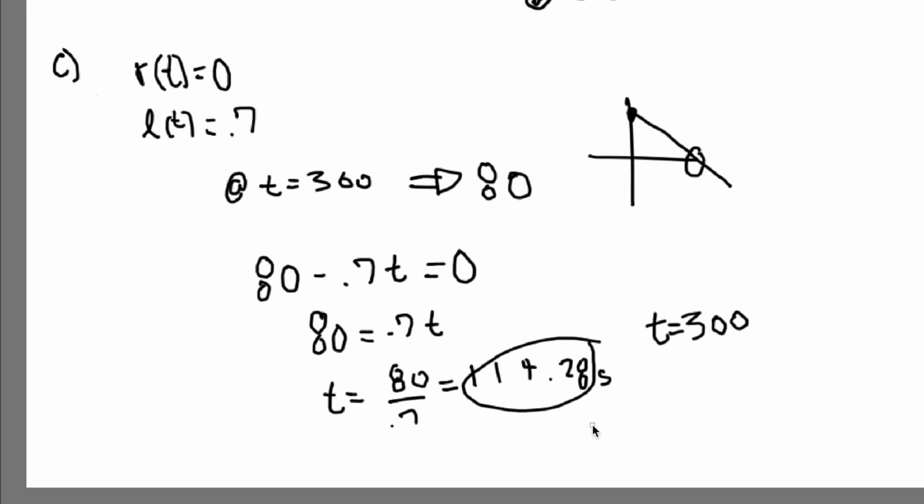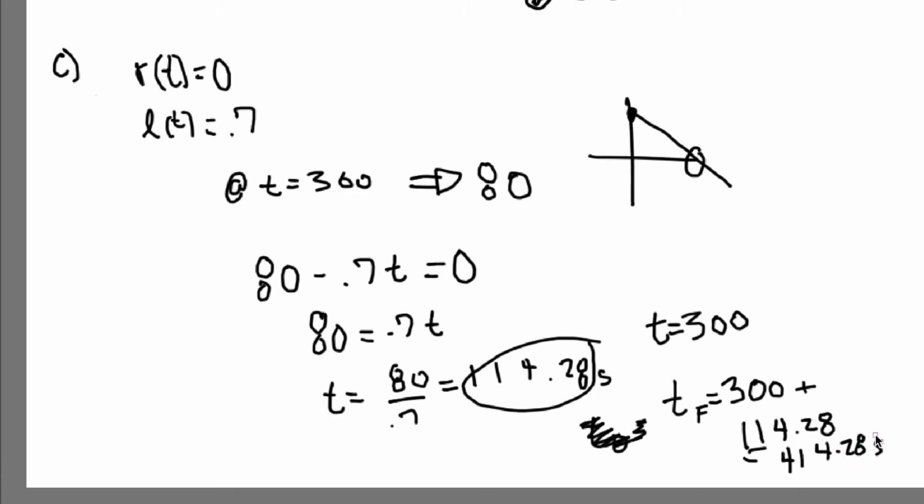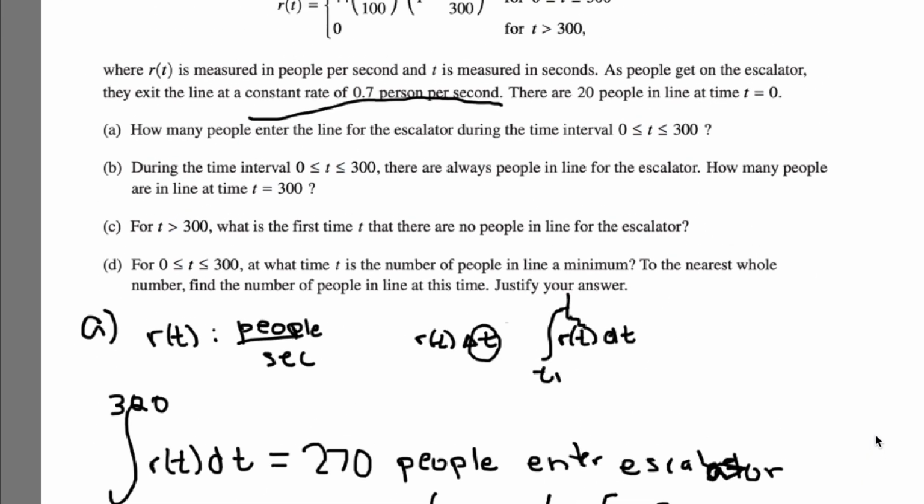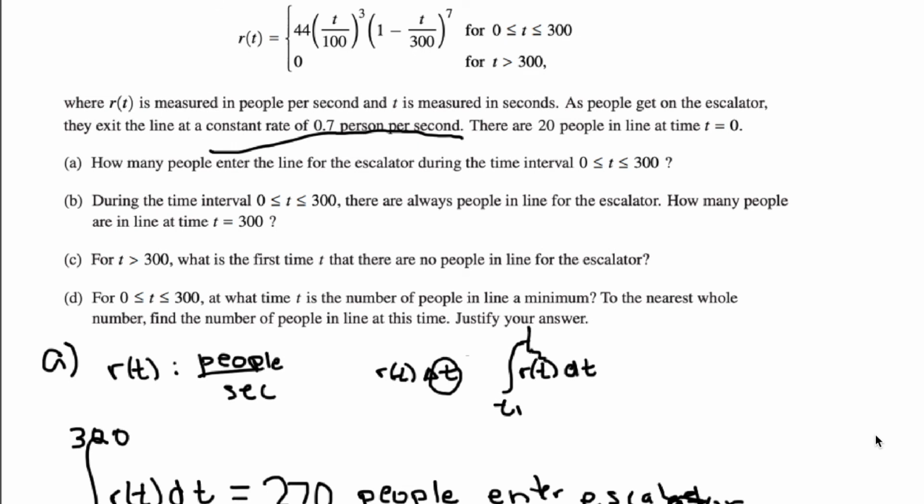So the time from the start is going to be, I'll call it t0 to indicate the time when we have 0 people. Actually, that's kind of misleading. I'll say t final. T final is 300 plus 114.28, which is 414.28 seconds. Okay.